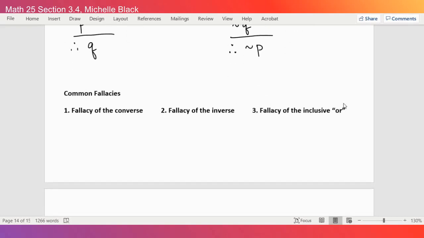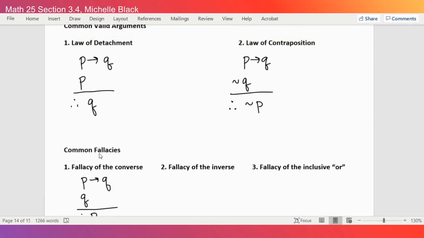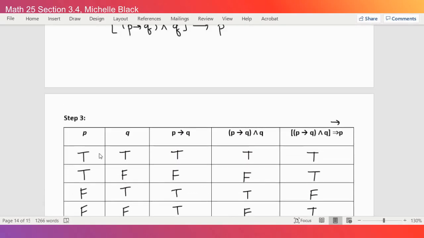All right, there are also some common fallacies. So remember, fallacies are invalid arguments. The first one being the fallacy of the converse, which says if P, then Q, and Q, therefore P. Notice this fallacy of the converse is the same one that we just showed in our truth table, right?